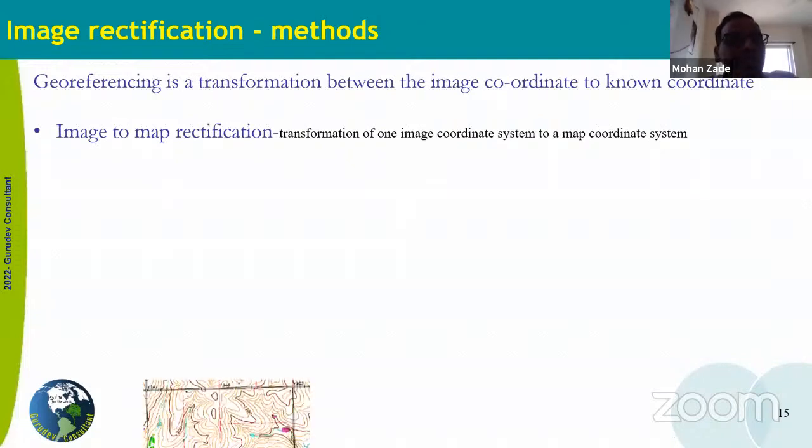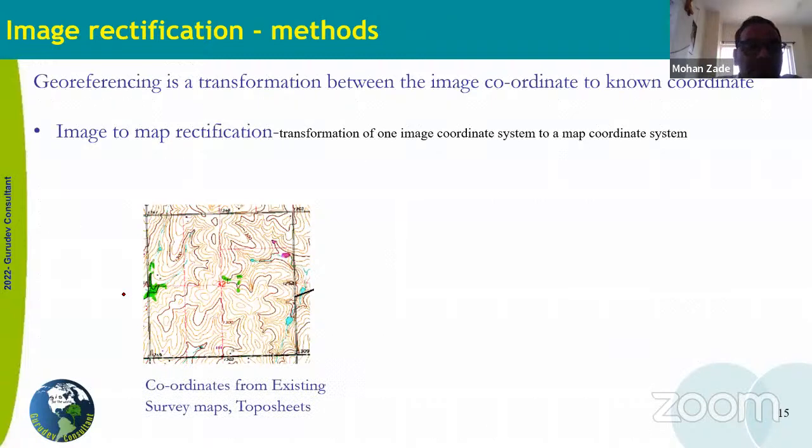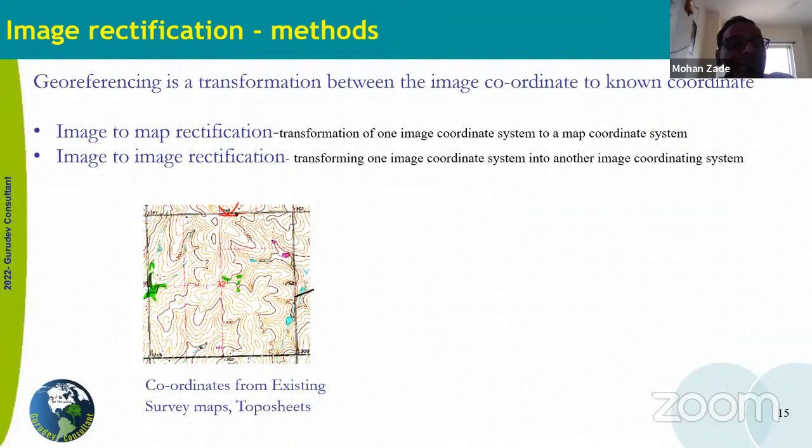So there are various image to map coordinate systems. Here, the images are changed with the help of coordinate systems. If you see here, some coordinates are already available, so use the paper coordinates and correct this image using these available coordinates. This is image to map rectification.